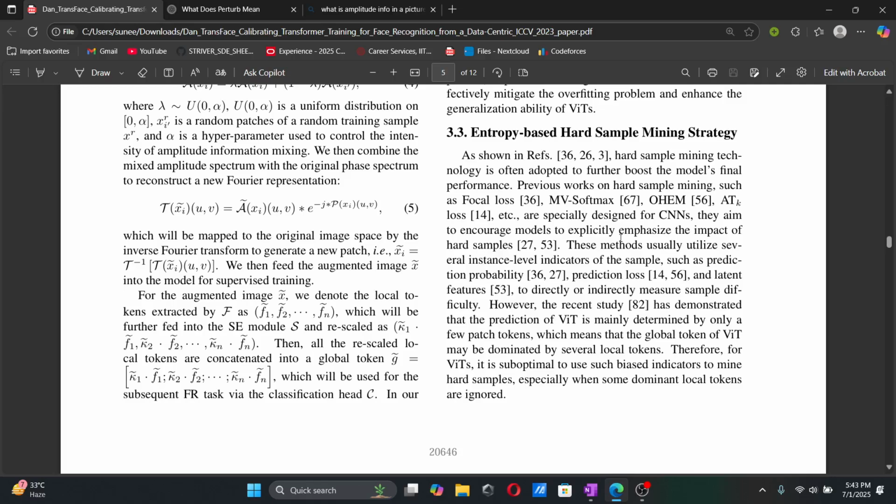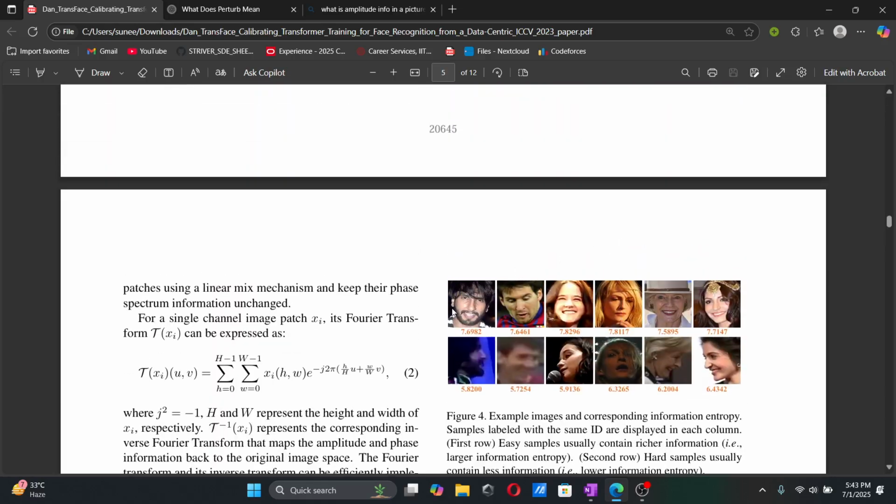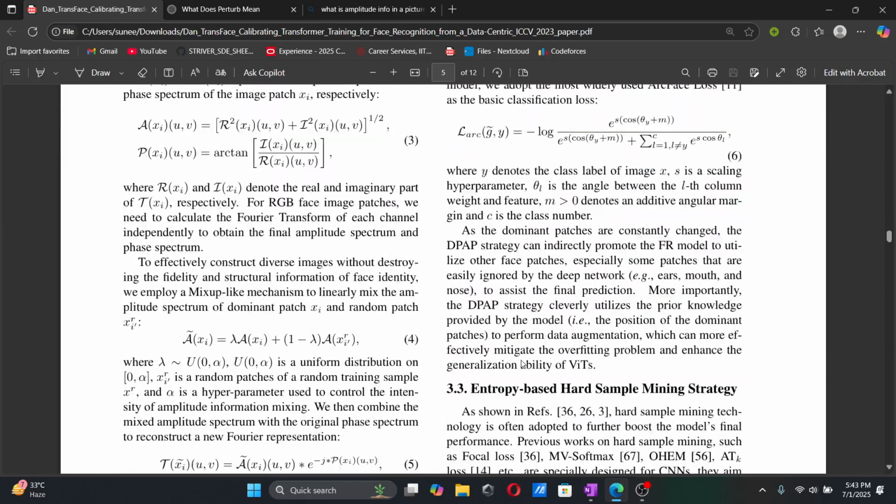Okay, I think hard samples mean those that are difficult to classify, either as same or as different. Doesn't matter. I think hard sample is that. It is difficult to identify which class they belong to here.